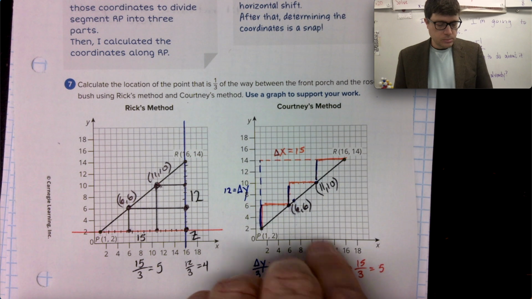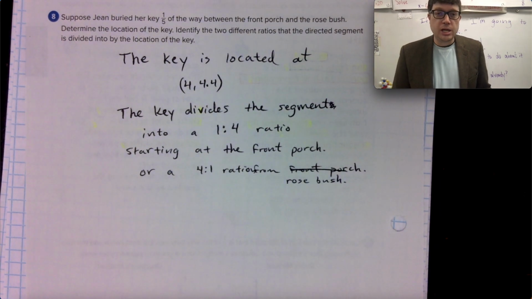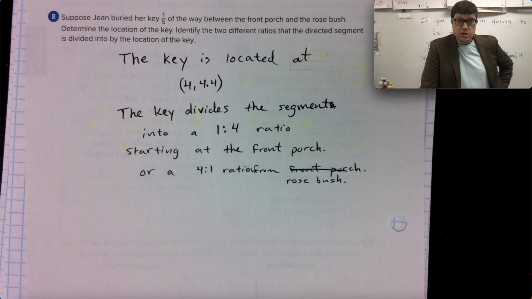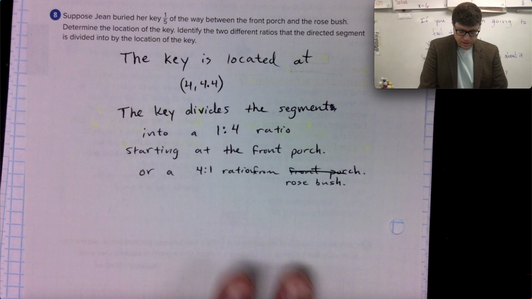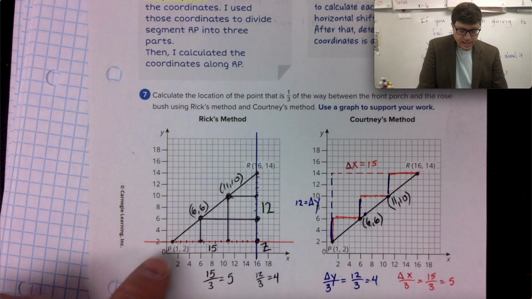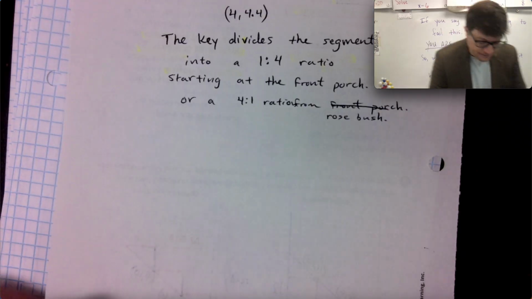Okay? Back page, last page of the section. Suppose Jean buried her key 1/5 of the way between the front porch and the rose bush. To determine the location of the key, I would probably use Rick's method myself. I would take the 15 and divide it by 5.